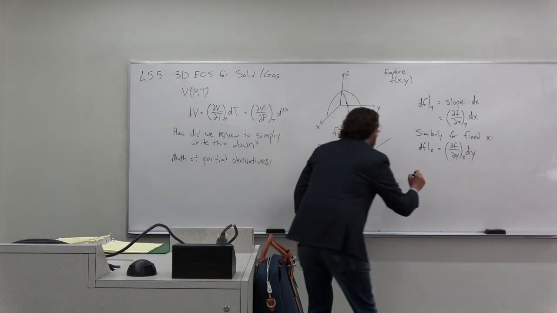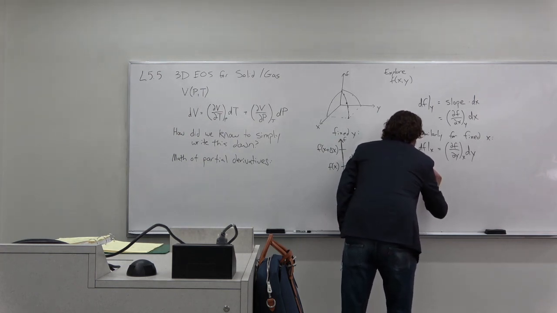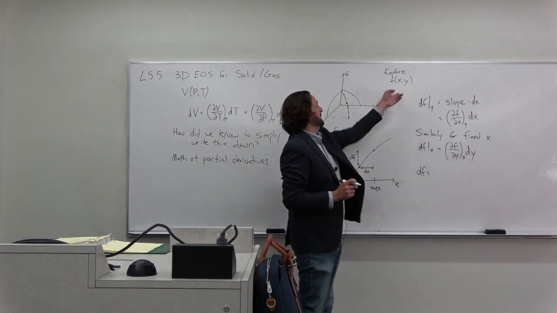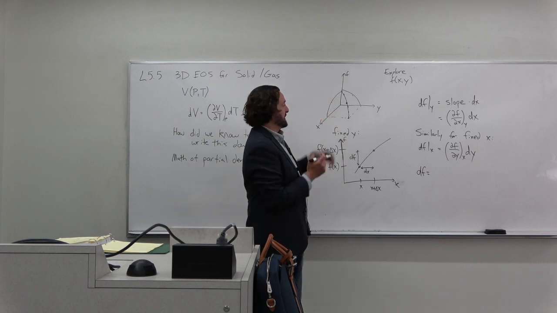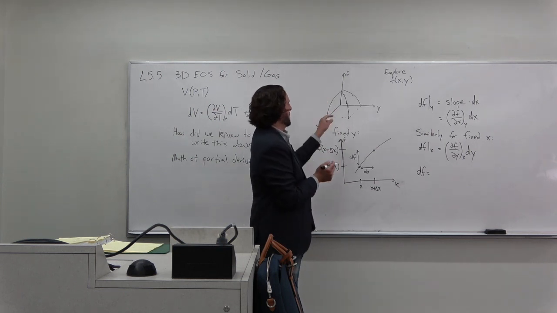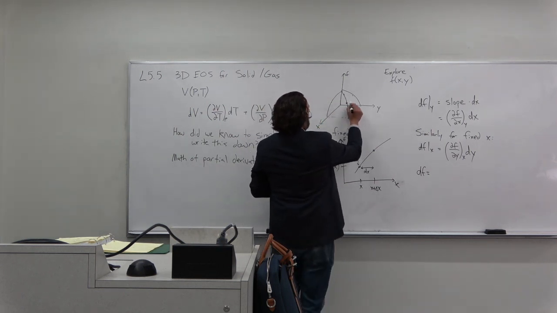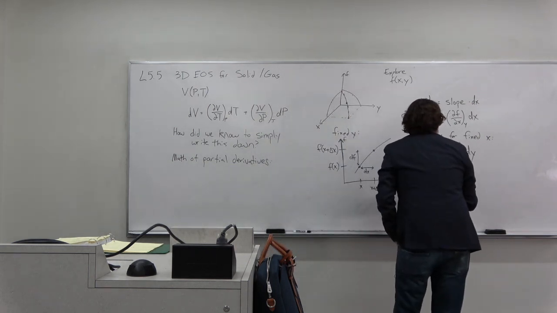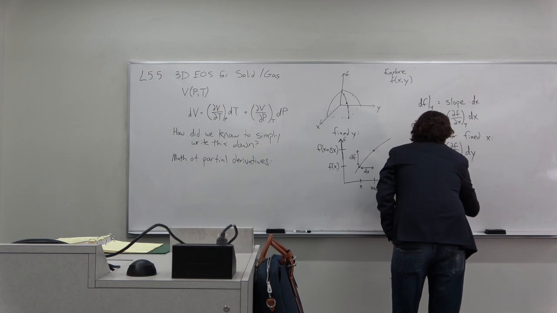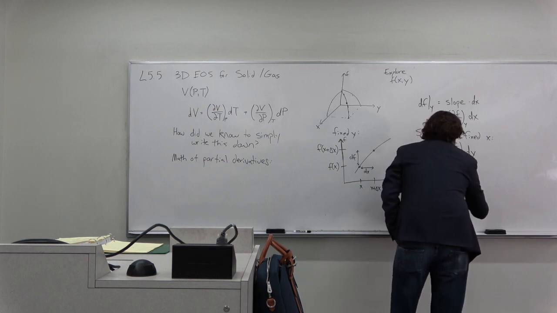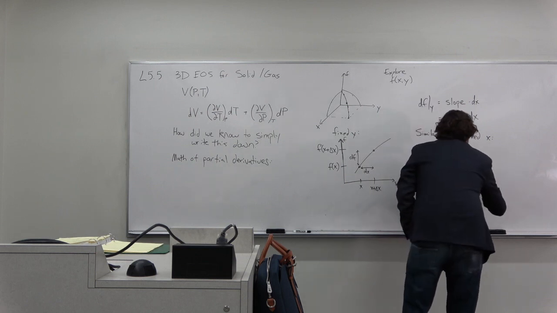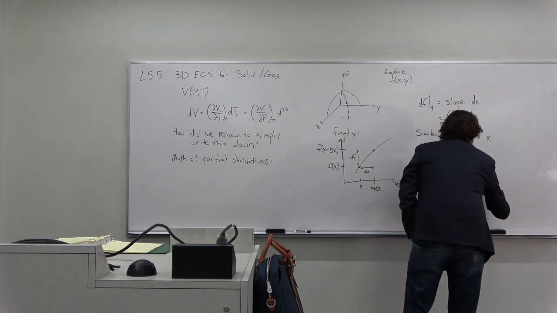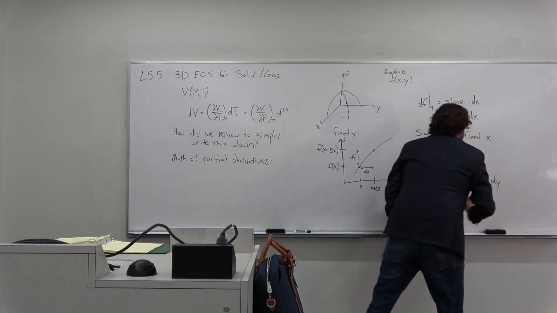So our total df, because in this function of two variables we're really looking at a three-dimensional space here, we would need to know how it changed here and how it changed there to do both. So we simply add them together. This would be partial f, partial x at constant y, dx, plus partial f, partial y, constant x, dy.